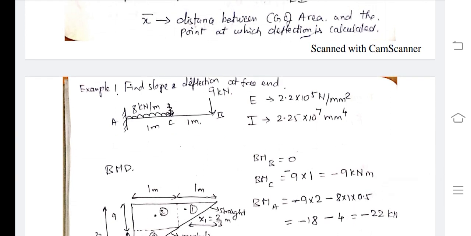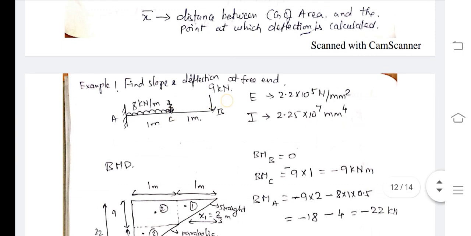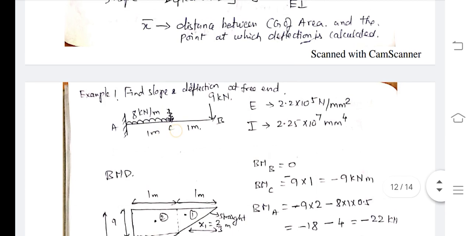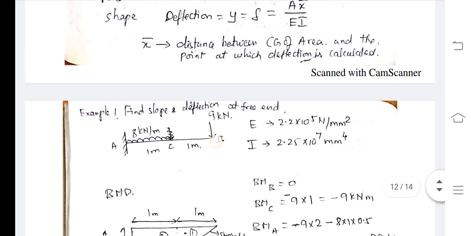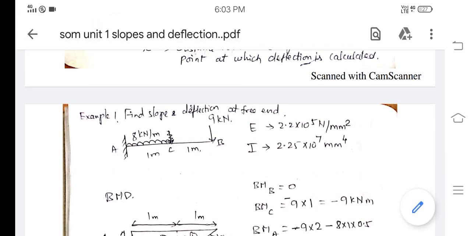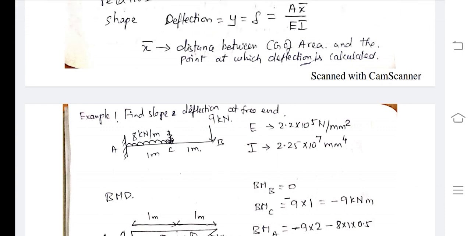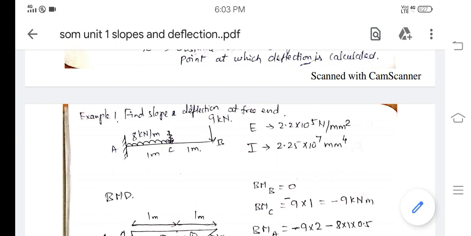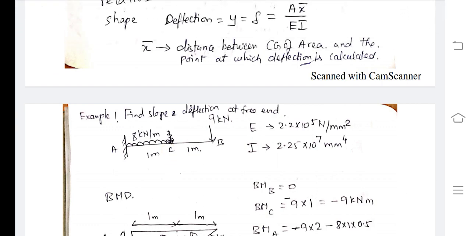In this beam, it is a cantilever beam with UDL and also point load. You can see that this particular beam will be deflecting downwards. That is, B will be shifted to the bottom point, which means that this beam will be curved towards the downward direction. That is, B will be shifted from top to bottom and C will be shifted to the bottom. So this is called deflection.